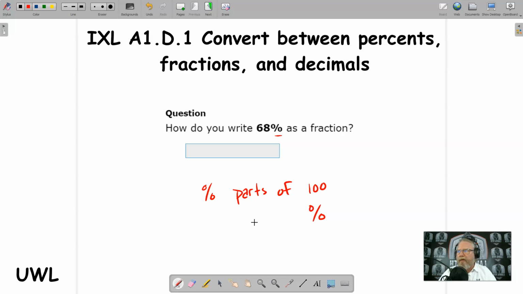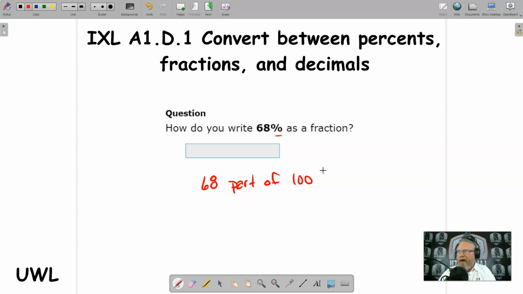So that's one way to remember that a percent sign literally means parts of 100. So if I take that concept, I could think of 68% as 68 parts of 100.